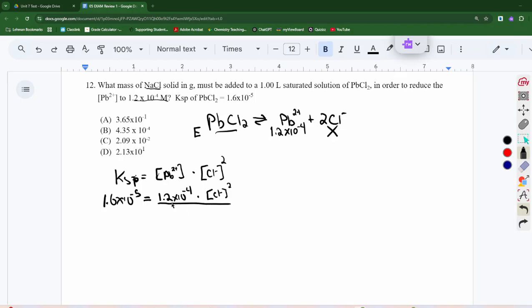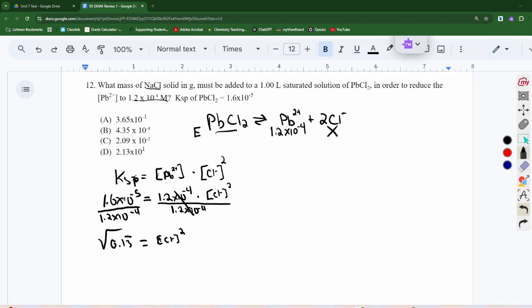We'll divide this side by 1.2 times 10 to the negative 4. That goes away. We'll divide this side by the same thing, 1.2 times 10 to the negative 4. Okay, and then we're going to get 0.13 repeating is equal to the concentration of chloride ions squared.